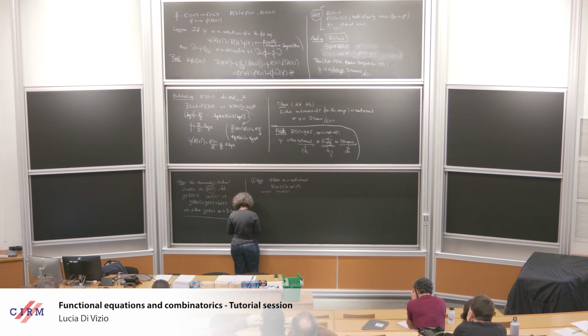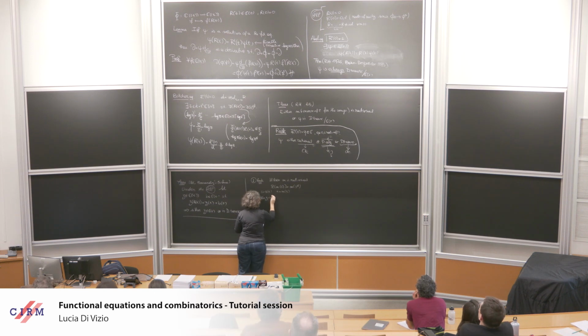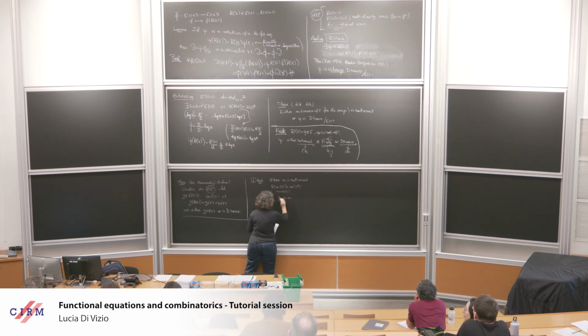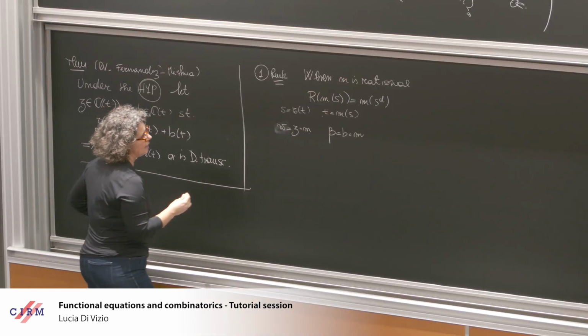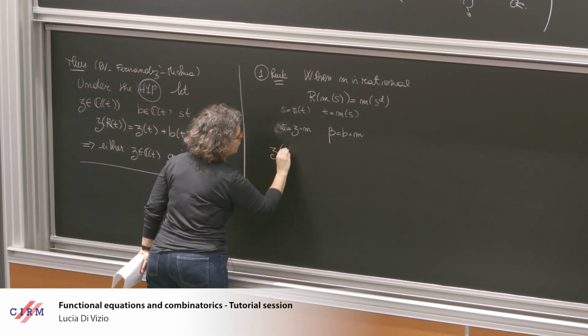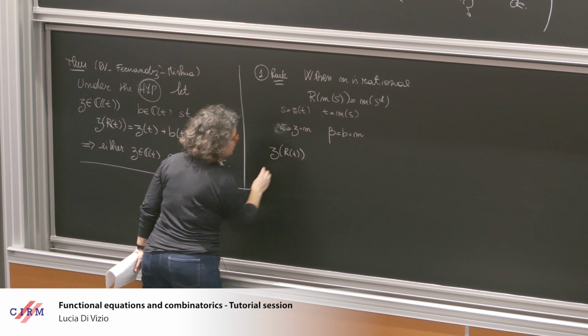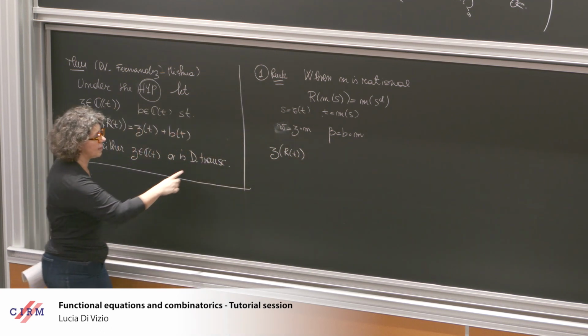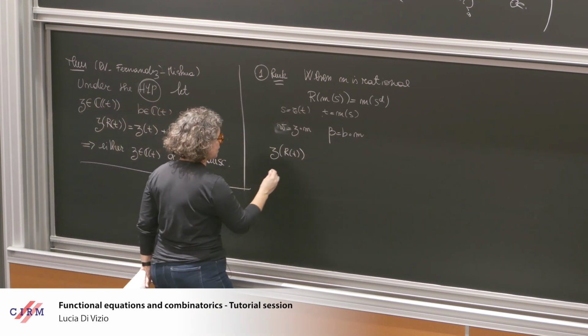So take a function W, which is equal to Z composed with M, and a rational function beta, which is B composed with M. Then here, Z of R of t, you put lots of M composed with M minus 1 in the middle.